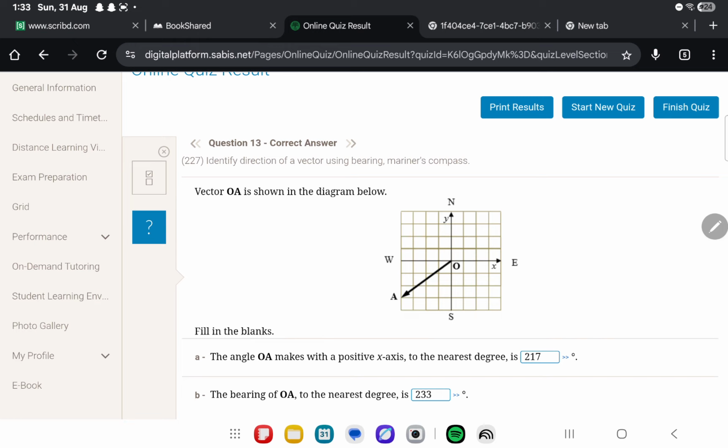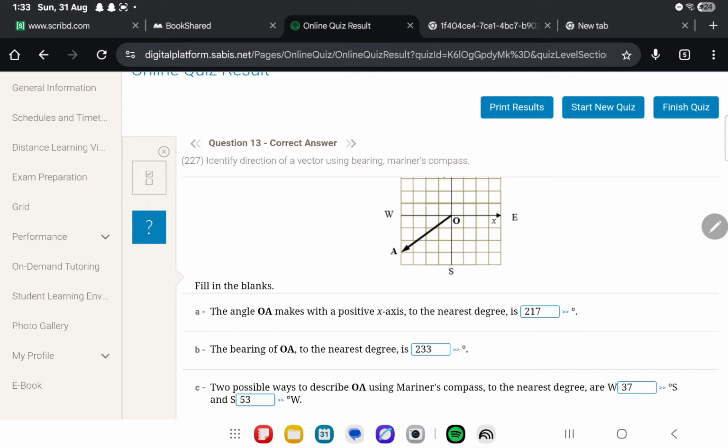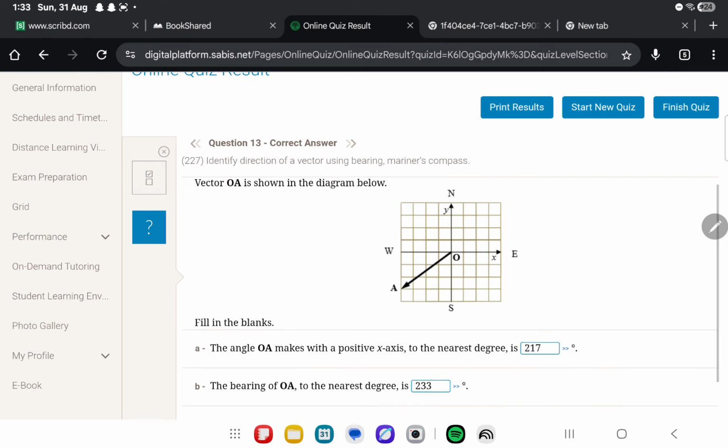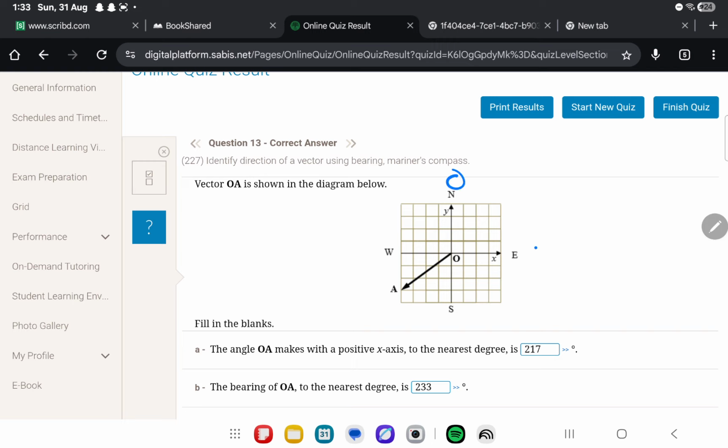Done. Now, part C, two possible ways to write this using Mariner's compass. Obviously we have our bearing, which is all of this, 233 degrees. Again, let's rewrite the notation: 0, 90, 180, 270 here, just as a quick recap.